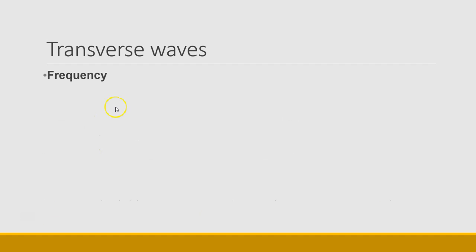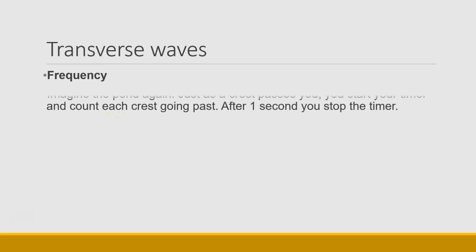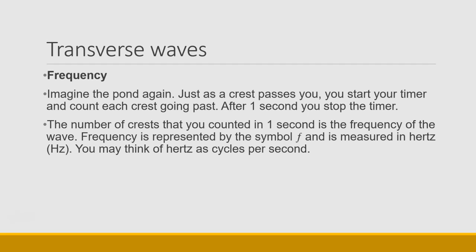Let's now discuss what the frequency of a wave means. Now imagine you're at that pond again. As you see a crest, you start your timer. But you stop your timer after 1 second. The number of crests that you counted in that 1 second is the frequency of the wave. That really means cycles per second.